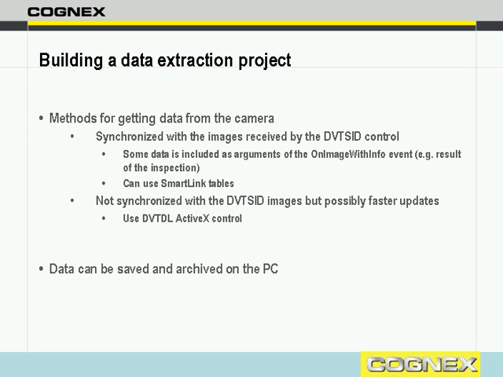There is a way that you can use the DVT DL control, which connects to the data link port through Ethernet to the camera, and because that is simply ASCII data, and because data link is guaranteed to go out of the camera, unless you're really taxing your computer, it is going to be able to keep up with the camera.